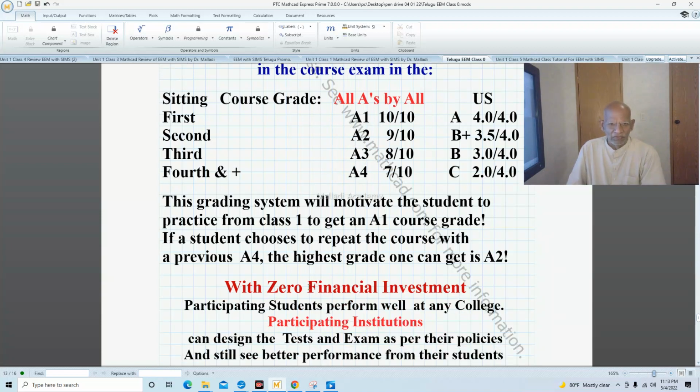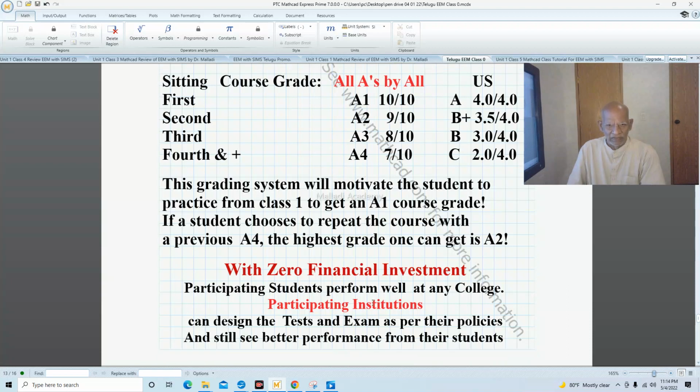Now, with zero financial investment, participating students who take my course perform very well in any engineering course offered by the institute, as well as other courses at any college, because it provides a discipline to study course by oneself effectively. The participating institutions can design the tests and exams as per their policies and still see better performance from their students.